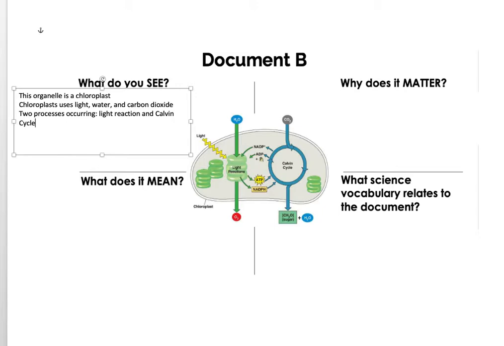Okay. We can also see that we see NADP, we see ATP, we see NADPH, and ADP are cycling through these two processes.